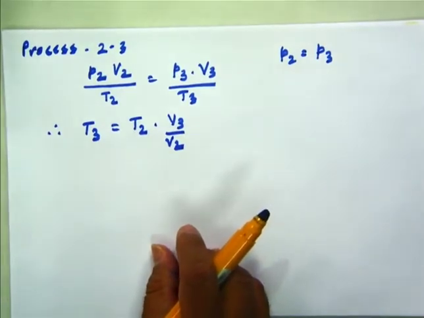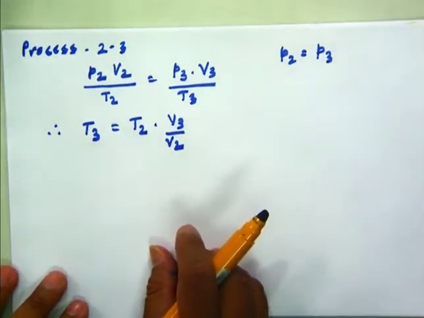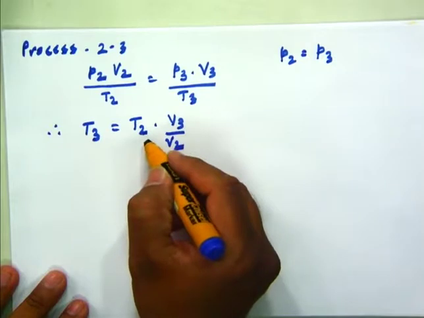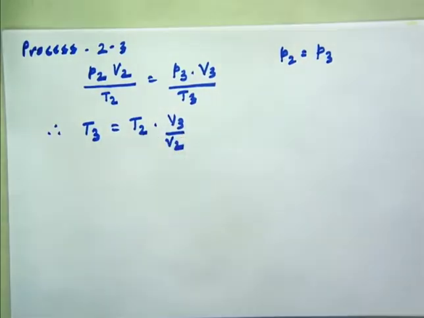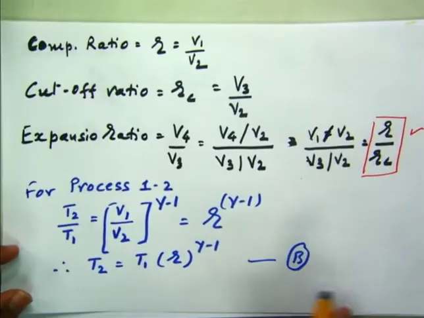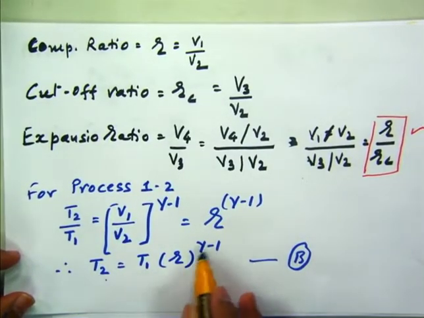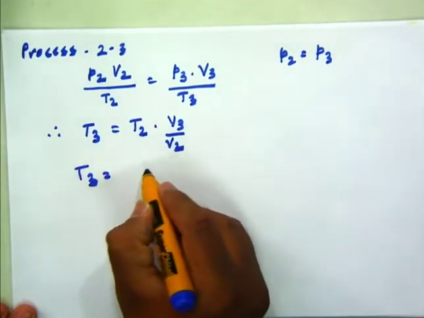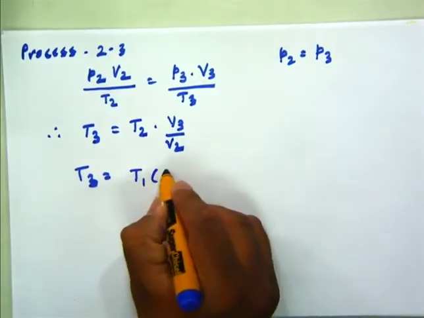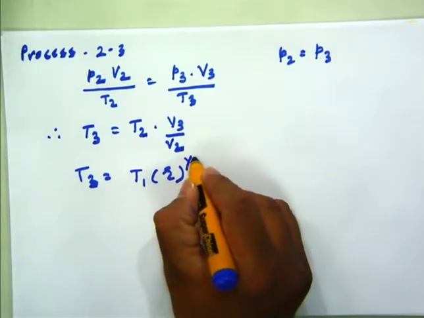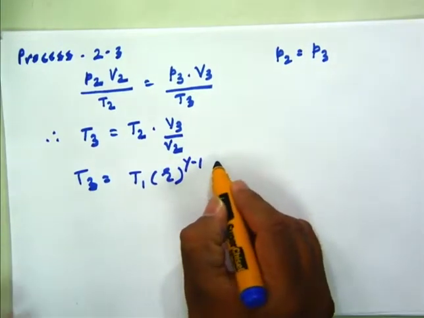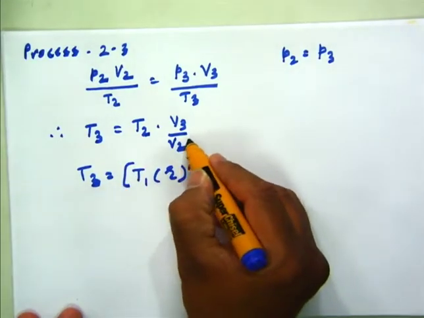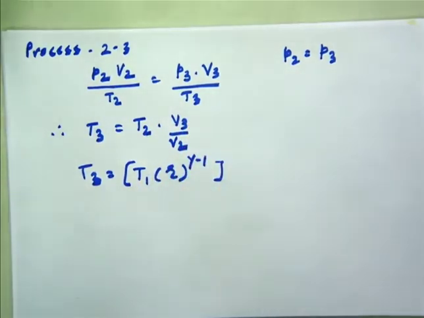Substitute the value of T2 from equation B, T2 is equal to T1 R raised to gamma minus 1. You can write T3 is equal to T1 into R raised to gamma minus 1 into V3 upon V2.